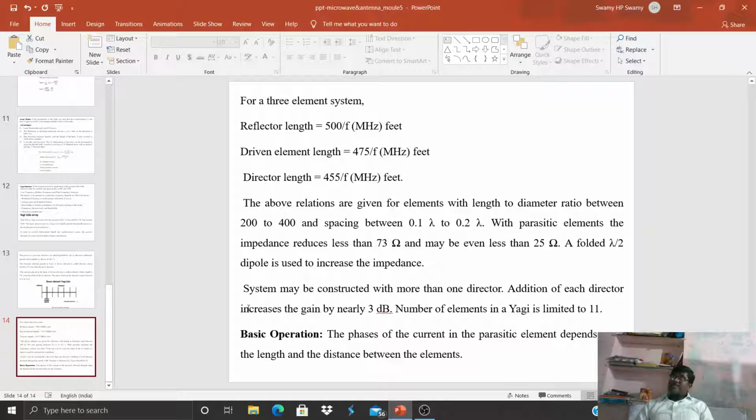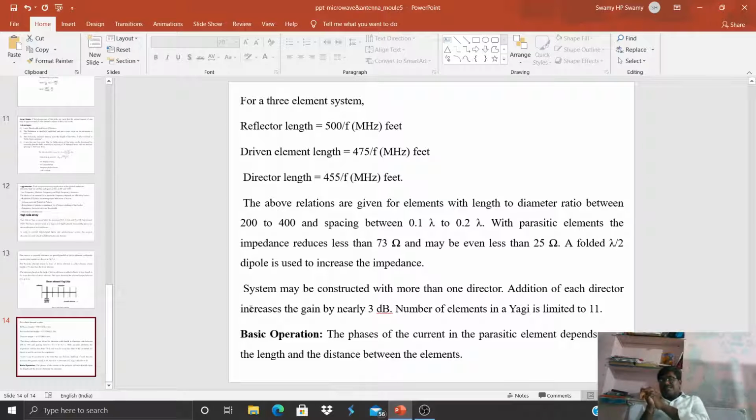If you make this calculation, the length of the driven element will be in terms of feet. Similarly, director length will be 455 divided by signal frequency in megahertz, which gives you the length in terms of feet.